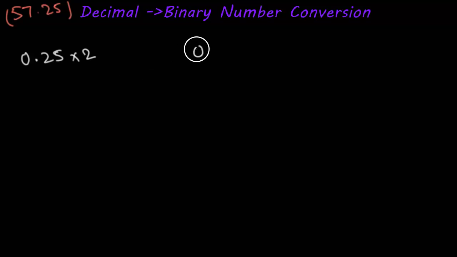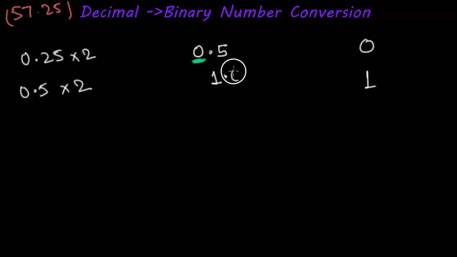The answer we get is 0.5, and what we are going to note is the number next to the dot. So we have 0. Next we have 0.5, which we multiply by 2. Now the answer here is 1. So the number that we note over here is 1, because it's 1.0 and hence 1.